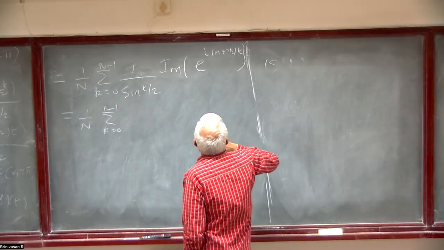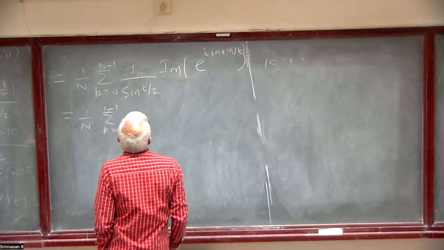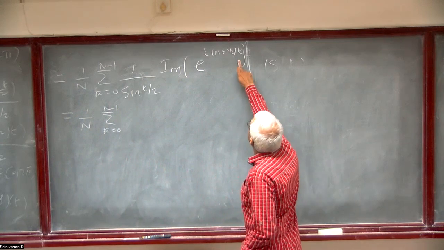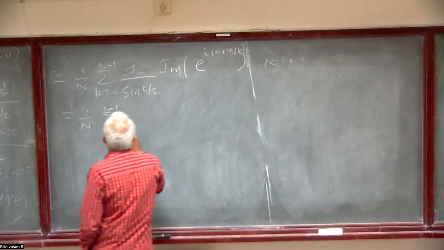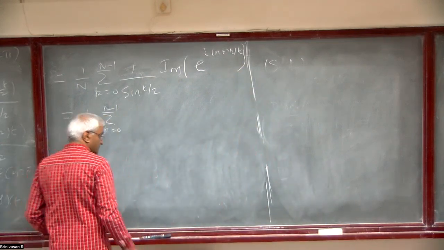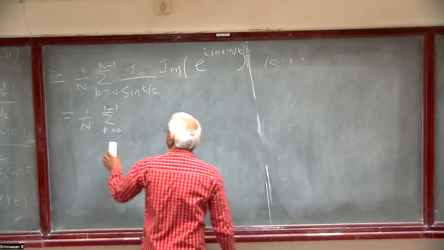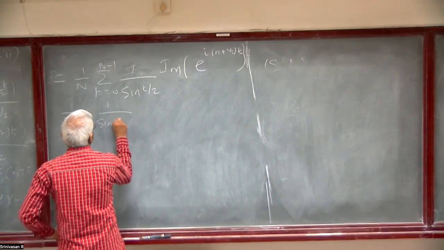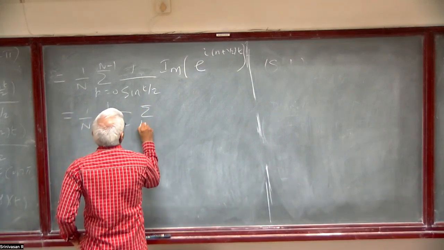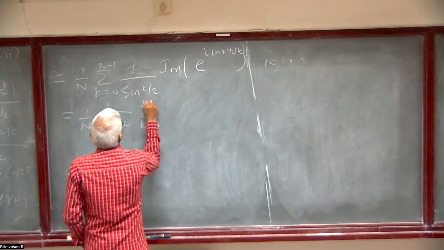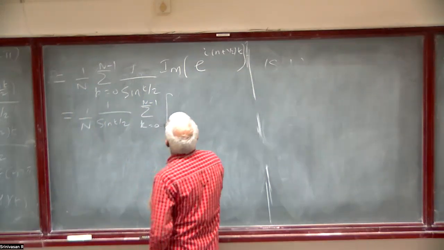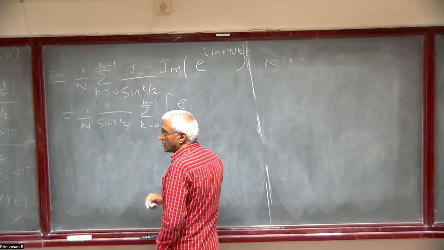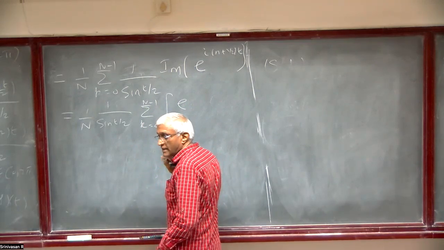When k equal to 0, it is t by 2, so I take the sine outside. What is the formula? A times r power n minus 1 by r minus 1, right?